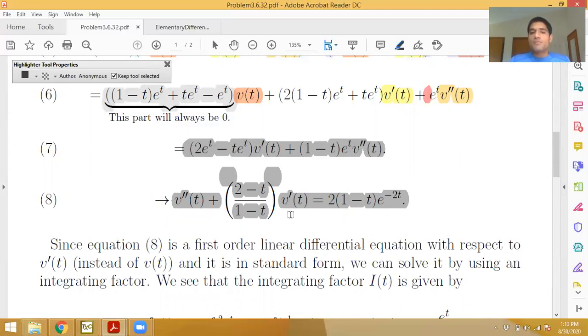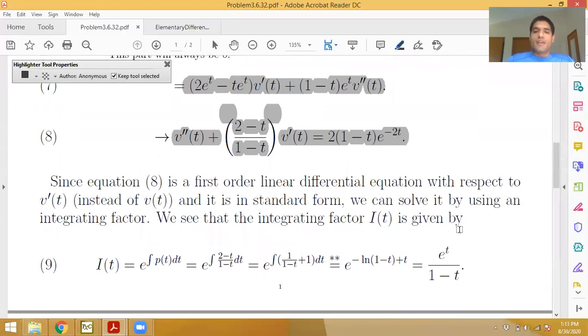Right, here's a function v prime, and v prime prime is just the derivative of v prime. So I will solve for v prime by using an integrating factor, and then afterwards I'll just integrate it to get v, and then we can plug it back in to get the answer to the original equation.